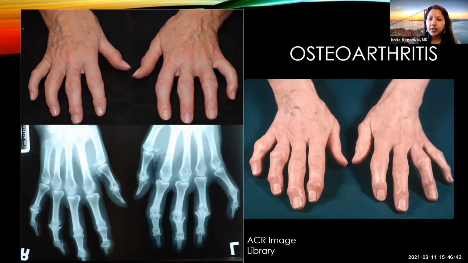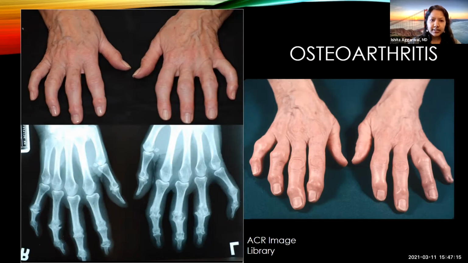Osteoarthritis may occur of the interphalangeal joints, so of the joints that are in the middle of the hands, as well as the distal joint of the hands, and at the base of the thumb, and is more common in women than in men. During evaluation of the patient's joints and range of motion, we may feel kind of like a crunching sensation that's called crepitus, without warmth, and typically without redness. That suggests a degenerative type of process.